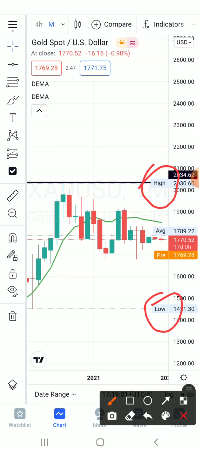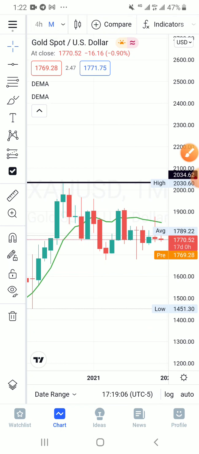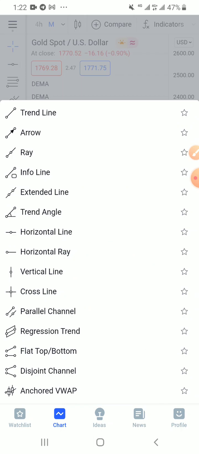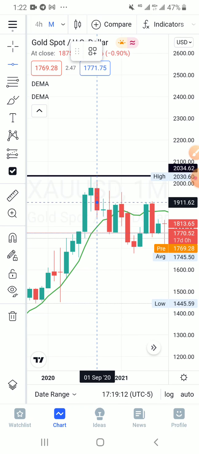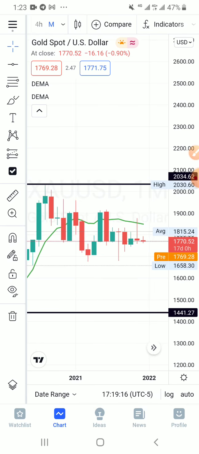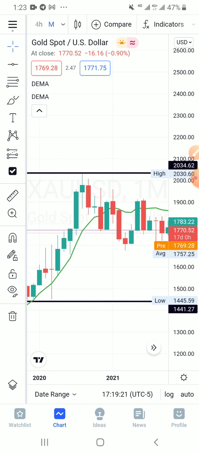It's very simple to get the high and low of every time frame. So the monthly time frame, we have the high and low already there, and you can see that there is the low. So what we need is the key factors.